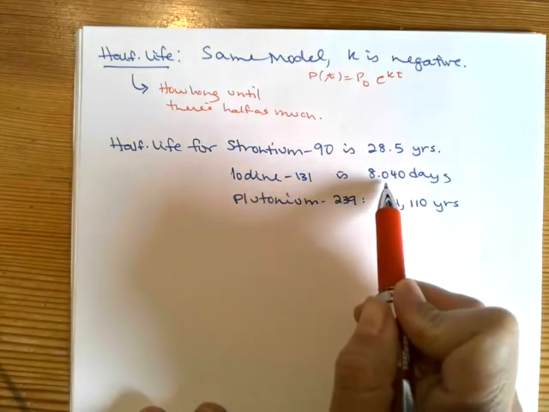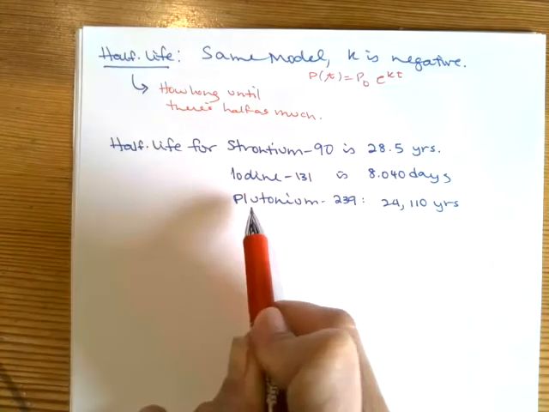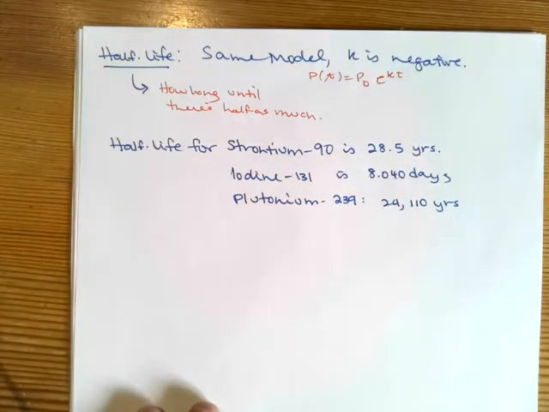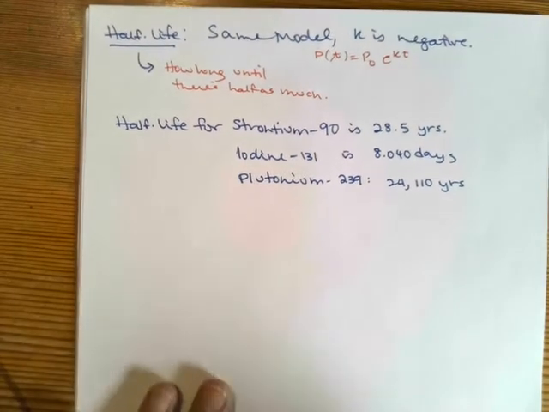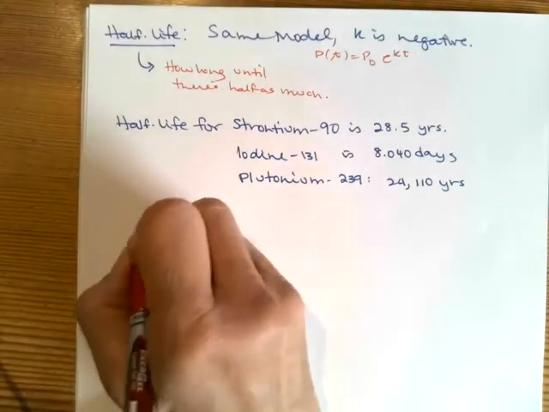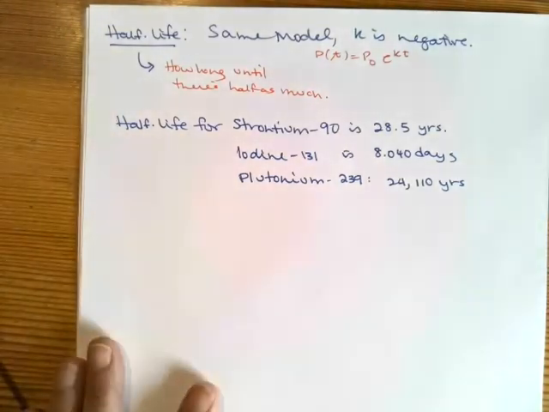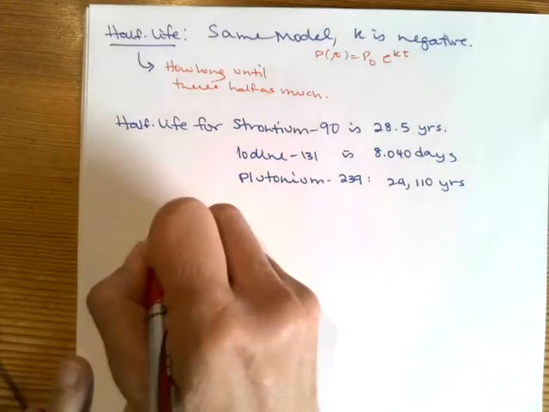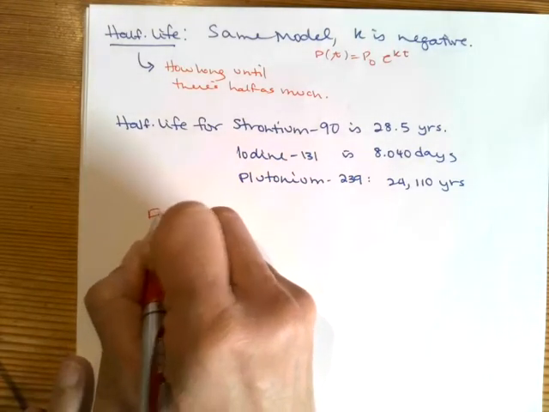Iodine-131 is 8.040 days. And plutonium-239 is 24,110 years. So they can be all over the board. So if we know the half-life, can we find K?